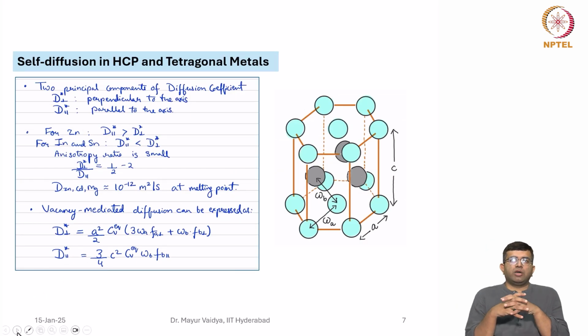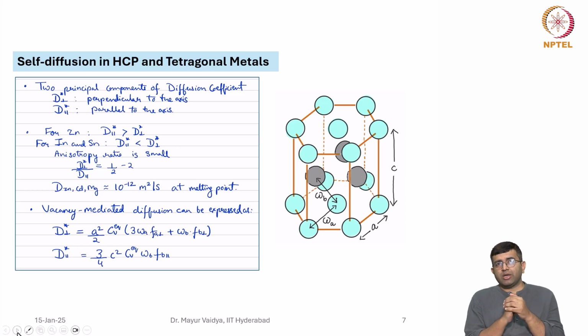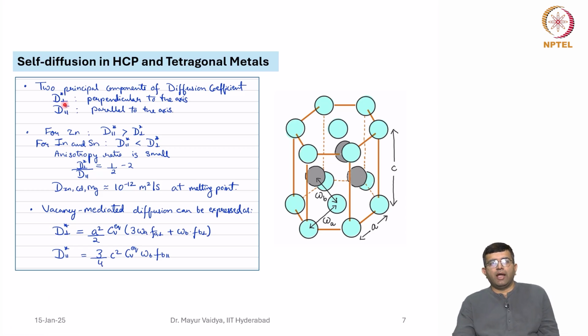Then let us come to some features of the self diffusion in HCP and tetragonal metals. We indicated this earlier when we were talking about Fick's first law or Fick's second law, that there are two principal components of diffusion coefficient in the case of uniaxial materials like HCP and tetragonal. So, the D perpendicular and the D parallel.